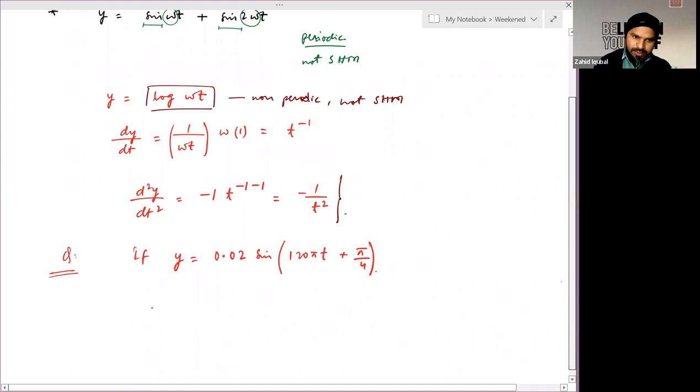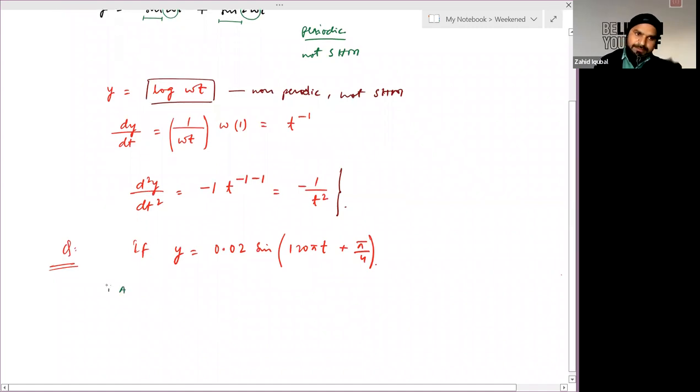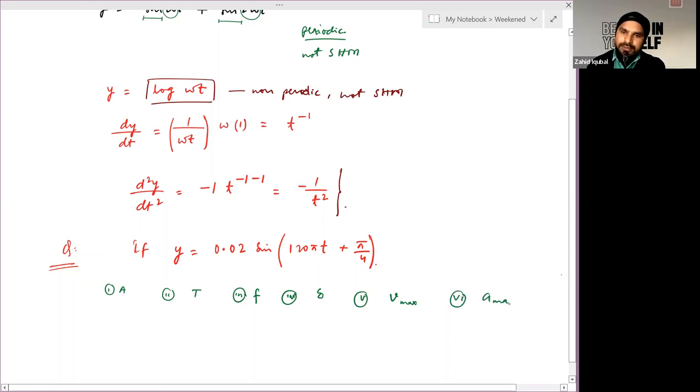Like we have to calculate, suppose, amplitude, time period, frequency, initial phase, maximum velocity of the particle or body in SHM, similarly maximum acceleration, and so on. Just 1 minute.